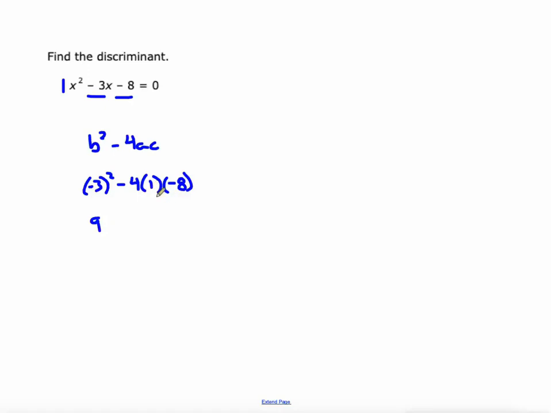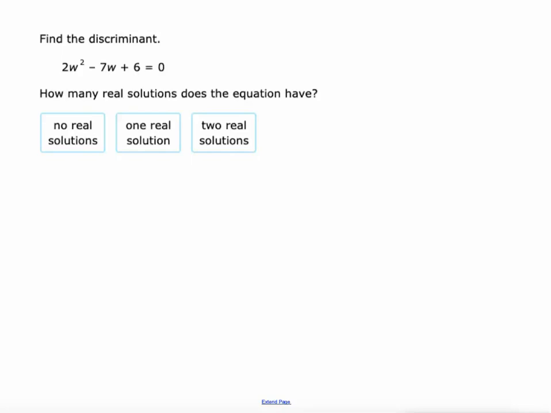Let's see, a times c would be negative 8, and then the negative 8 times negative 4 would be positive 32. So our discriminant is 9 plus 32, which is 41. All right, so in this question, we're just asked to find the discriminant. Since the discriminant is positive, this equation has two solutions, but that's not what we're being asked here.